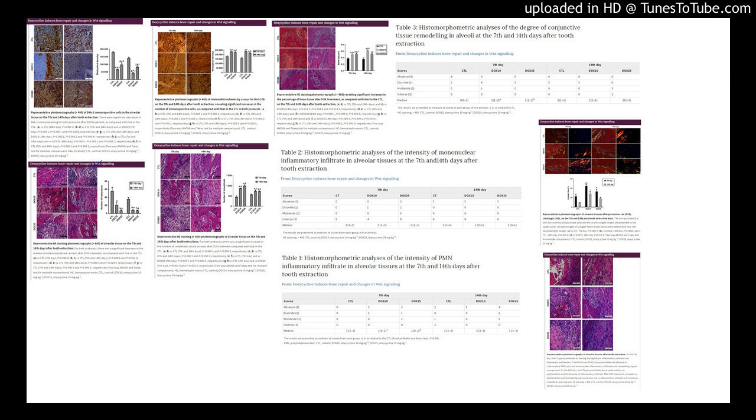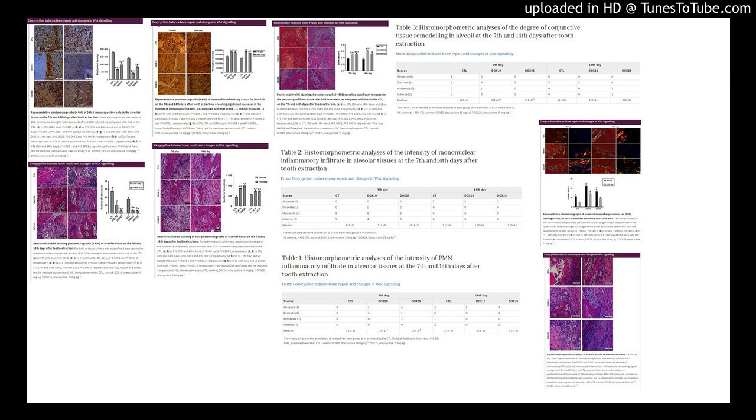On the 14th day after surgery, the CTL group exhibited bone neoformation, dense fibrous conjunctive tissue, partial re-epithelization and the absence of inflammatory infiltrate. The DOX10 group exhibited complete re-epithelization, significant conjunctive tissue remodeling, and the formation of osteoid tissue.